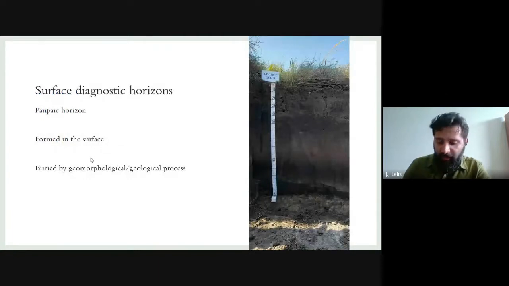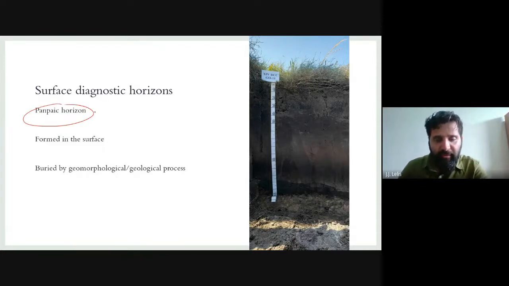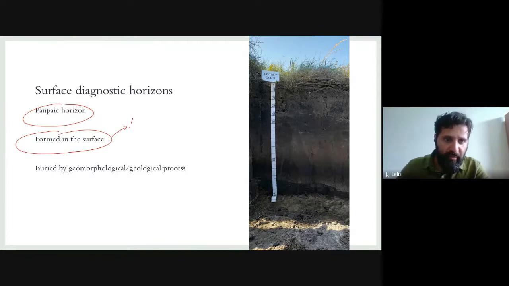And the last one is the pedogenic, the Pompeiic horizon. That is a horizon that's formed in the surface but now it is buried by an overlaying horizon, okay? So it formed in the surface in the past as an A horizon, but now this A horizon is buried.